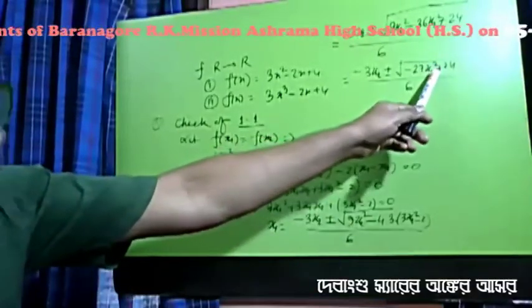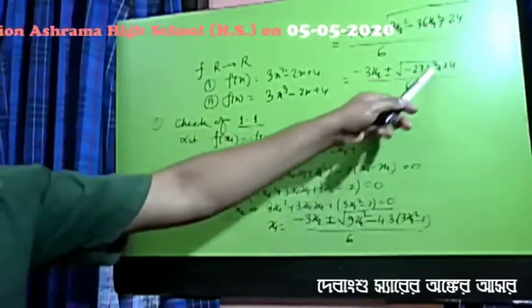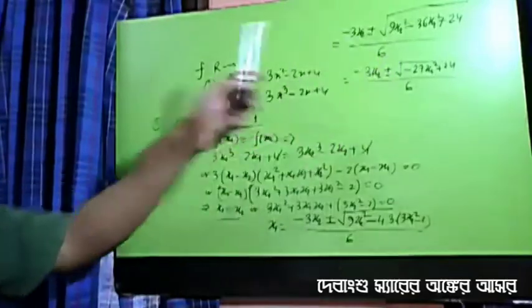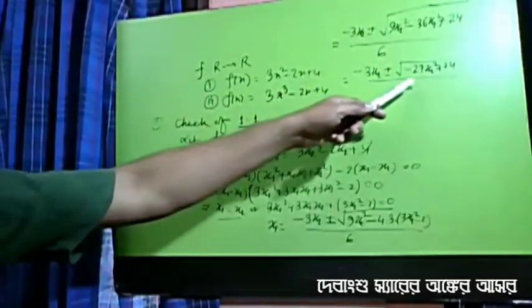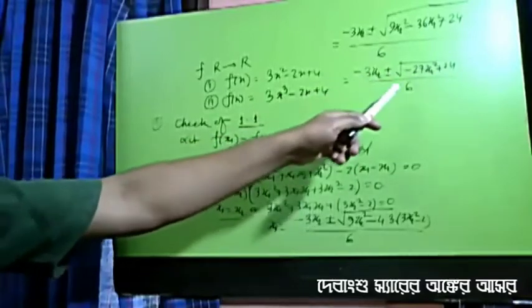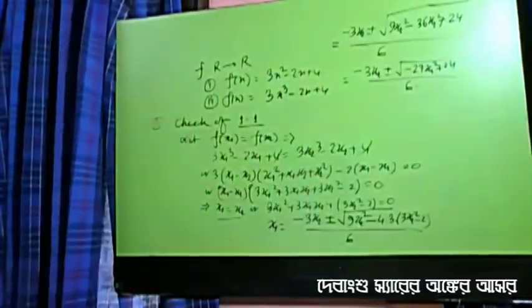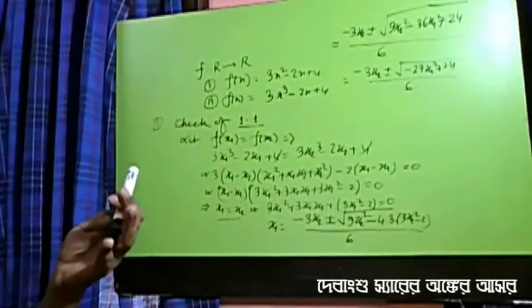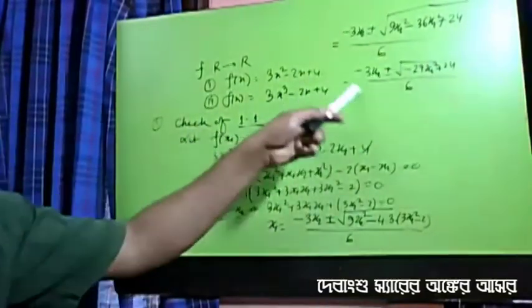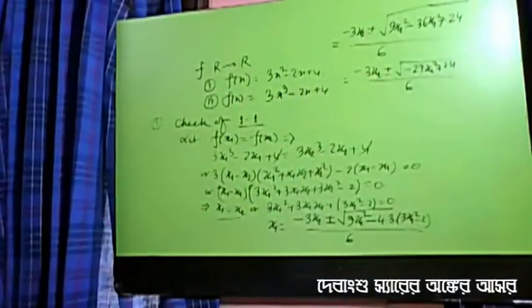And since this can be positive, if x2 square is less than 24 over 27, then it is positive. So you can find plenty of values of x2 satisfying that this is positive. So this can have real solutions. These solutions can be real numbers also.